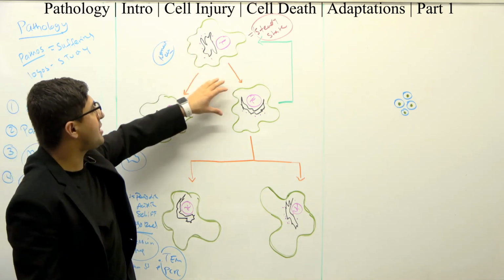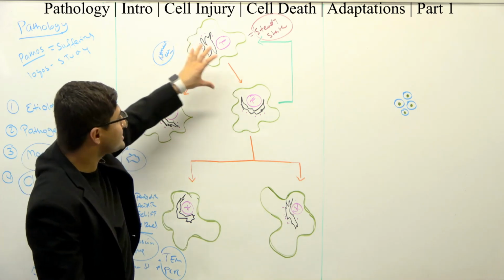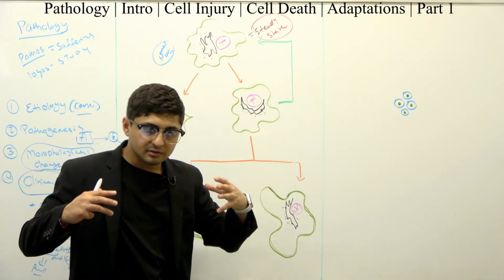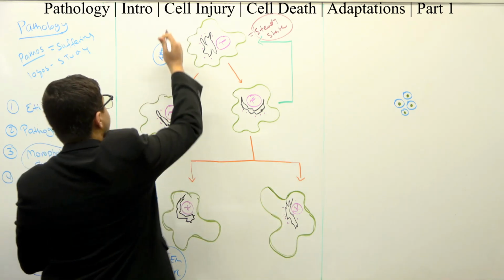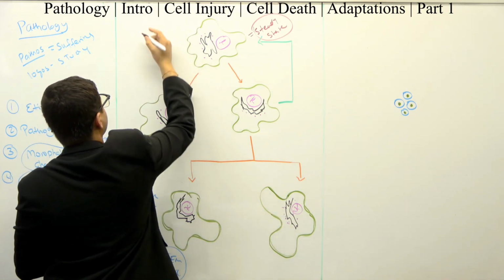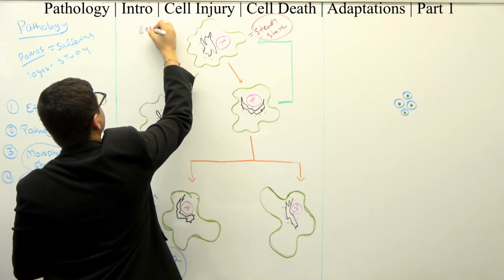Because if somehow this cell gets certain stress, let's write down stress. And the stress could be anything. It could be, let's say, hypoxia, low level of oxygen.